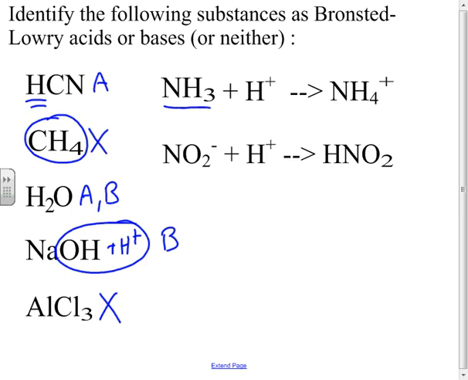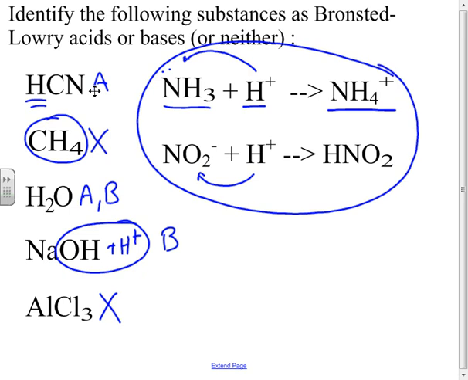The ammonia can accept a hydrogen ion to form the ammonium polyatomic ion. Nitrogen has an unshared pair of electrons that will bond to the hydrogen, and the negative charge here will attract a hydrogen, and that will form HNO2. So here are two examples of Bronsted-Lowry bases that are not Arrhenius bases because they cannot form hydroxide ions.